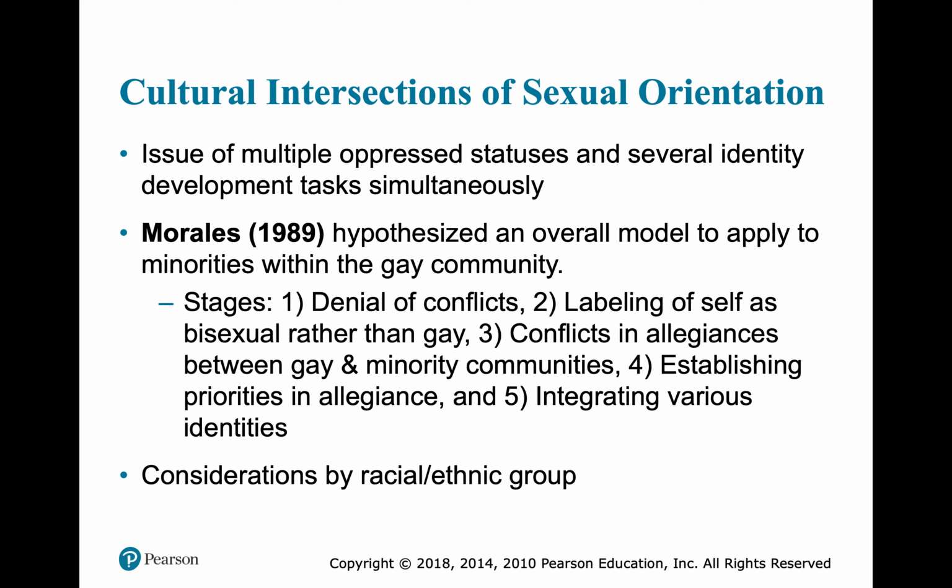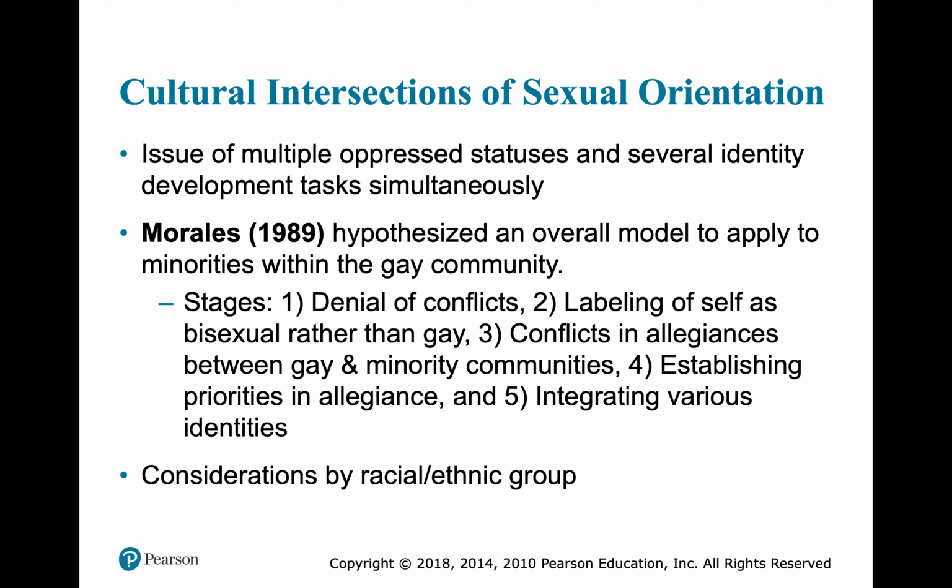So you can see the step progression. The third one is being conflicted in allegiance between lesbian, gay, and ethnic communities. So the two different communities that they're a part of. The next one is establishing priorities in allegiance. And then lastly is integrating multiple identities. So you can see here, it's a similar progression as all of the models that we talked about during the first lecture.